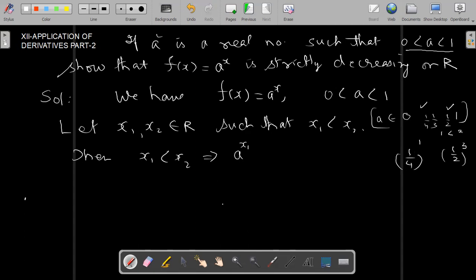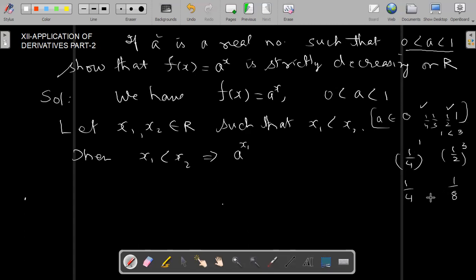So 1 is less than 3. But if we put power 1 on 1 by 4 and power 3 on 1 by 2, suppose at 1 the value of the function is 1 by 4 and the value of the function at 3 is 1 by 2. So 1 by 4 to the power 1 and 1 by 2 to the power 3. So this power is less, but you will see that 1 by 4, and if you find this, it will become 1 by 8.